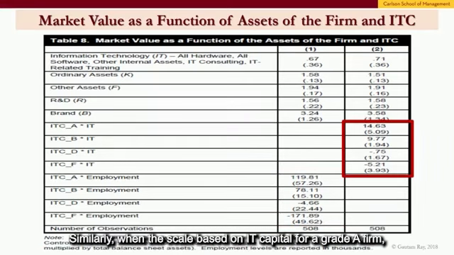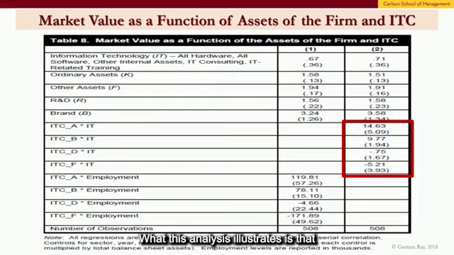Similarly, when they scaled based on IT capital, for a grade A firm, each dollar of IT capital was related with $15 of market value, whereas for a grade F firm, each dollar of IT capital was associated with $5 less compared to the grade C firm.